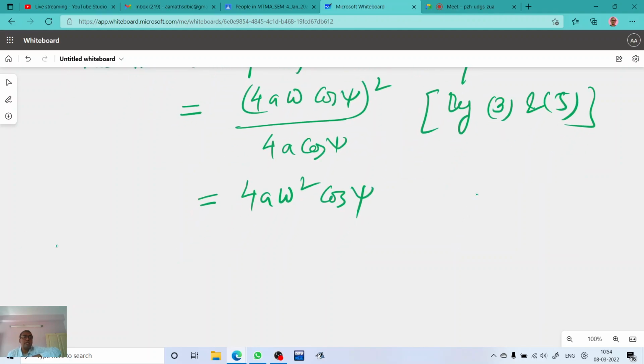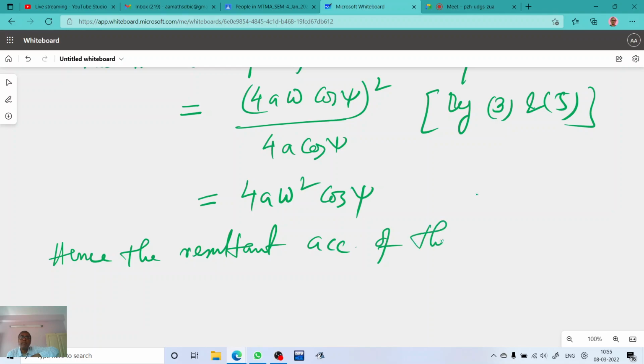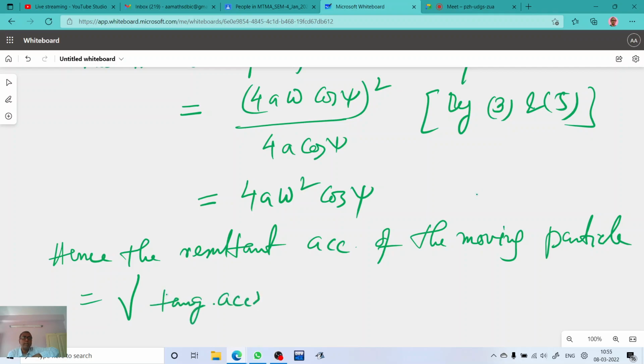Hence the resultant acceleration of the moving particle is equal to whole root over of tangential acceleration square plus normal component of acceleration square.